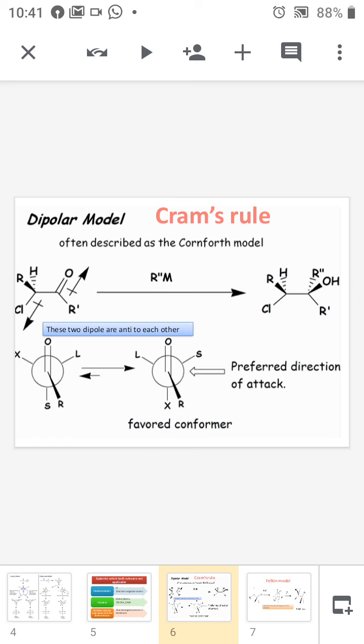If any electronegative atom is present in our starting material, it is placed 180 degrees apart from the carbonyl group, and we give more importance to it. We are not bothered about the large group. The preferred side of attack of the nucleophile is again the side of the smallest group, and the attack is at an angle of 107 degrees. Okay.